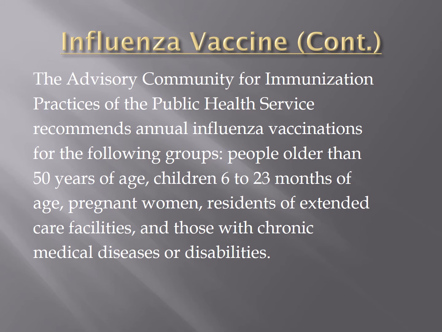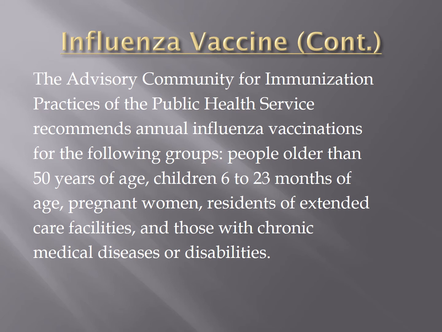Who are the people who should receive the vaccine? So annual influenza vaccinations for the following groups are recommended. People older than 50 years of age, definitely. Children 6 to 23 months of age. Pregnant women.